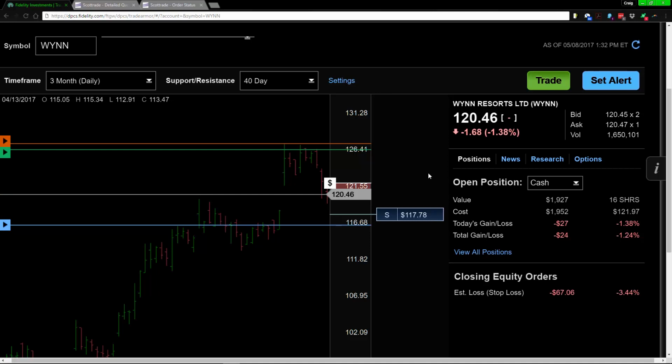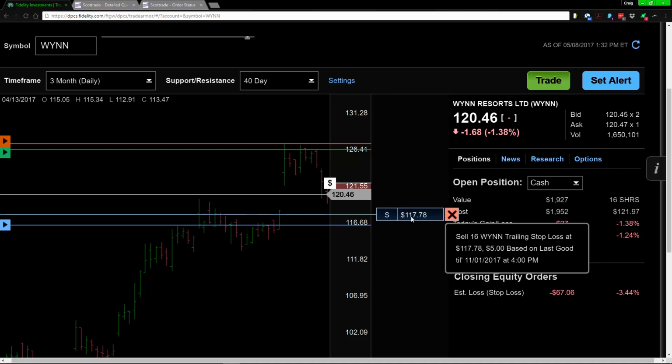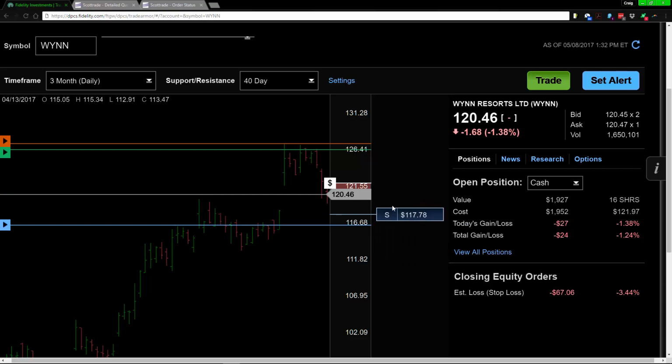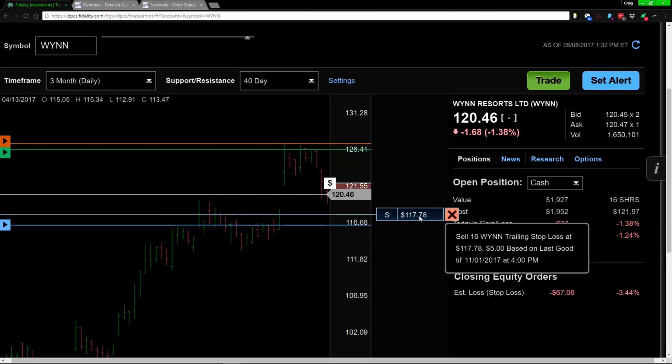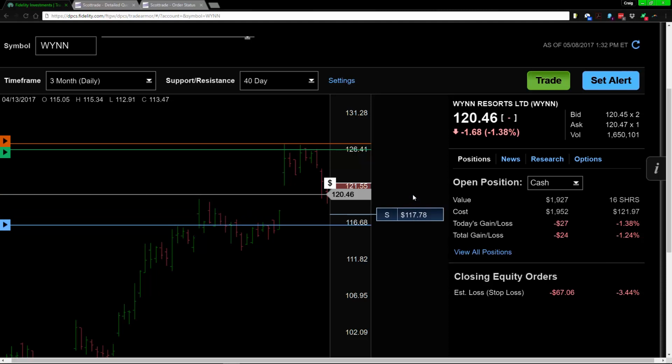And note that a lot of people who are coming into the market may not know this, but right here where it says 117.78 per share, there's a chance that it will actually go below this. If it hits 117.78 per share or below that, it will automatically sell it.